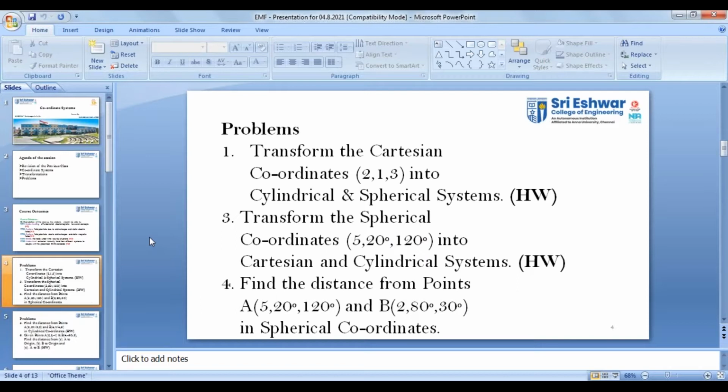We couldn't understand the sum, so we didn't work out the homework problem. Okay, fine, no issues. I'll come to the PPT later. First, we will solve the second problem, and after that I'll share the PPT because you have some homework here.